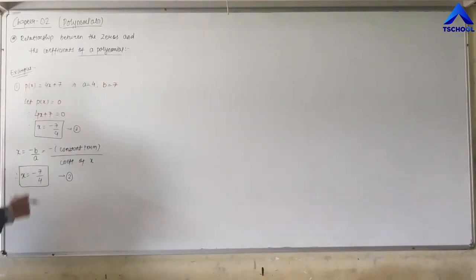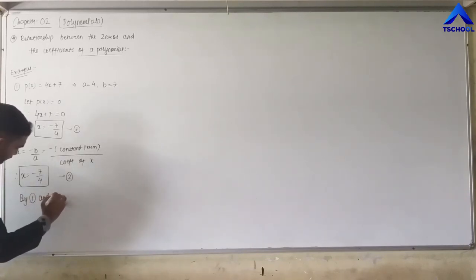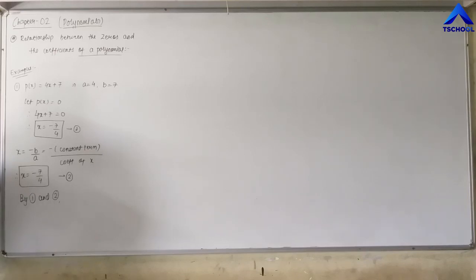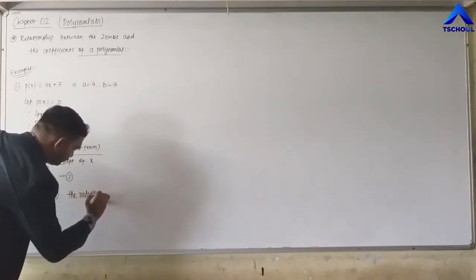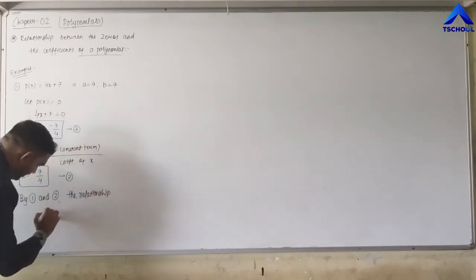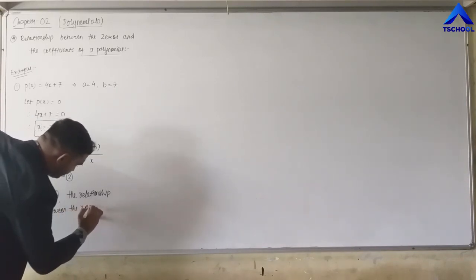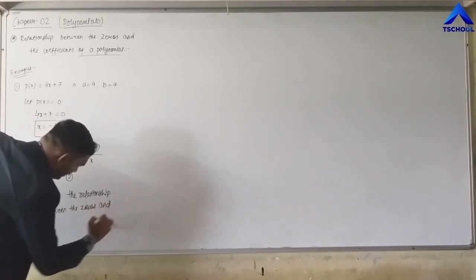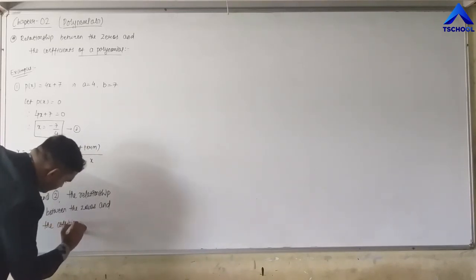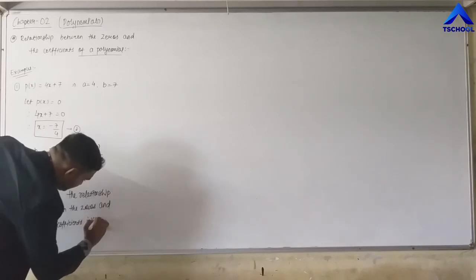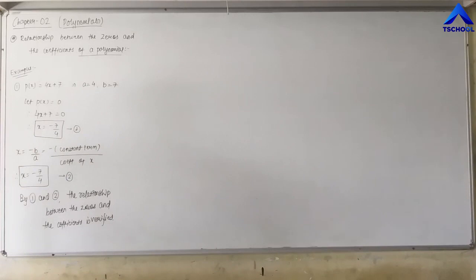Now, by 1 and 2, the relationship between the zeros and the coefficients is verified, right?